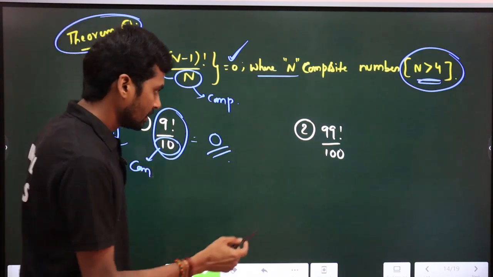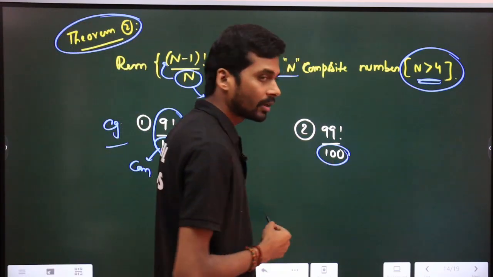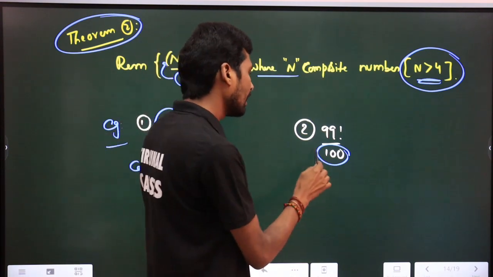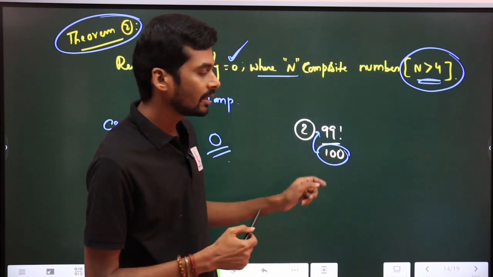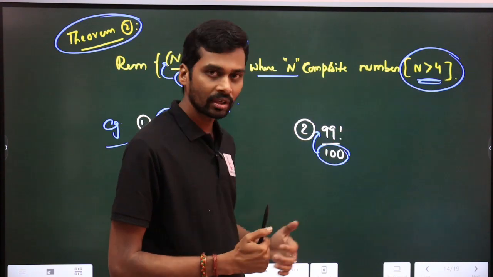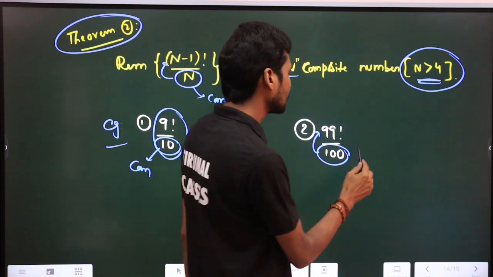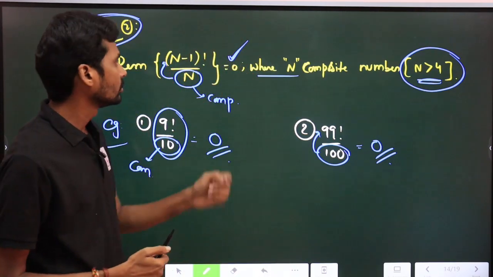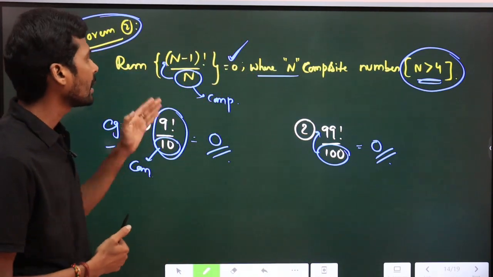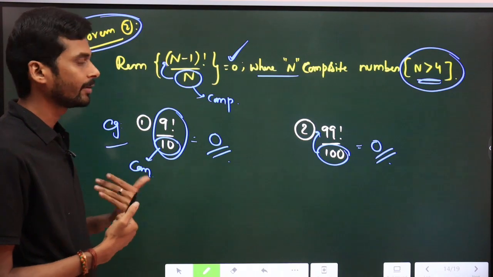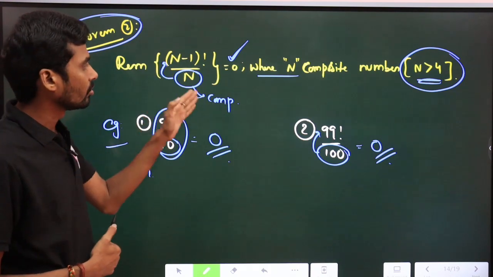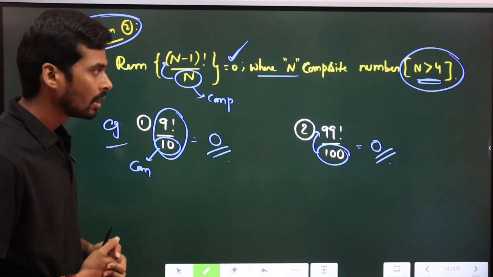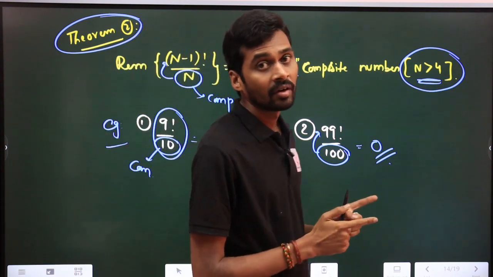If the denominator is a composite number and the numerator is 1 less than the denominator, with a factorial, then the remainder is 0. This is what the theorem states: the remainder of (n minus 1) factorial divided by n is 0, where n is a composite number and n must be greater than 4.